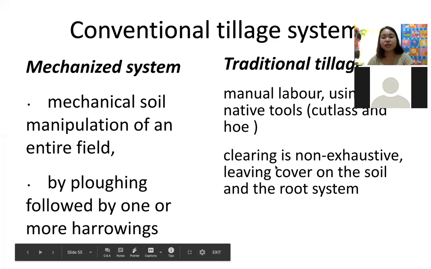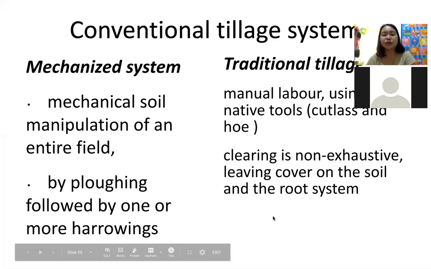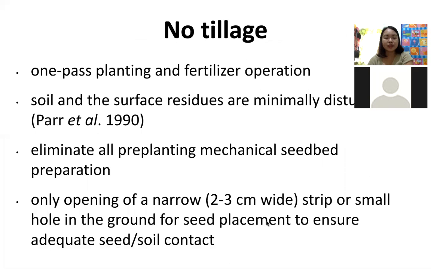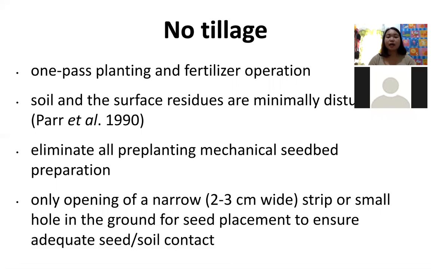While for traditional, clearing is non-exhaustive, leaving cover on the soil and the root system. But for the conservation tillage system, there is only one pass, planting and fertilizer operation. After that, you just wait for the harvesting. So that's all.